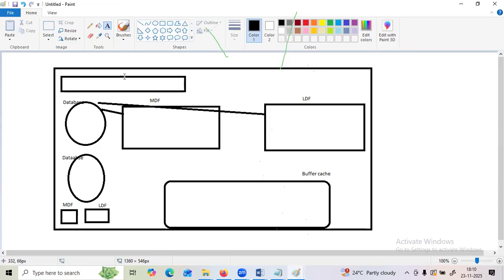Right now, think of only one SQL instance with multiple databases, and we can discuss how the data is retrieved and how the data is stored. This buffer cache is the shared buffer pool for our user databases.